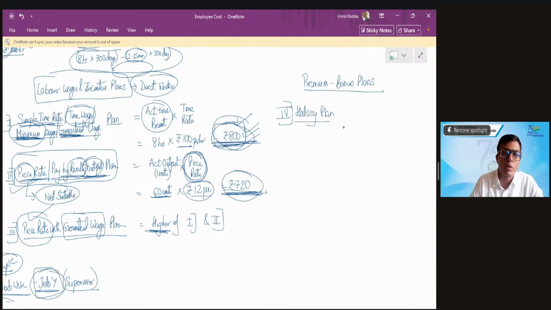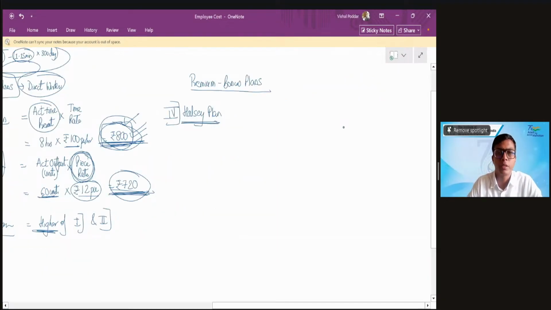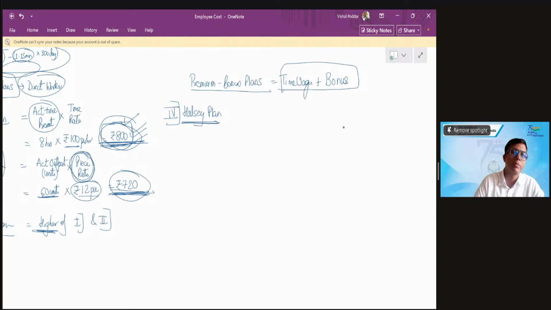Under the Halsey plan, you have to understand premium bonus plans give you wages in this format. They give you the time wages, that is, the wages by the first plan, plus something extra which they call a bonus. So you are getting your time wages plus some premium, some bonus.